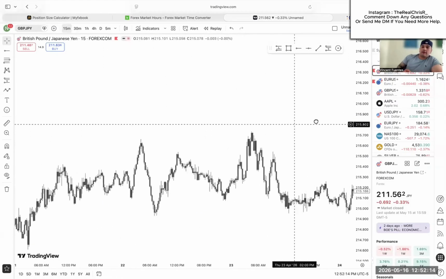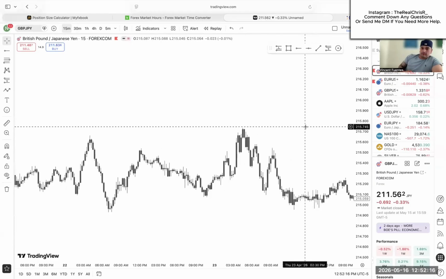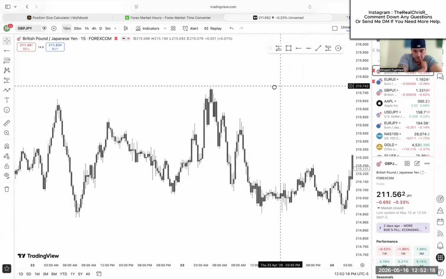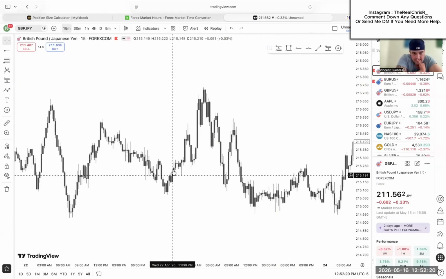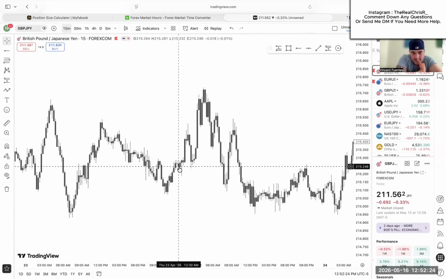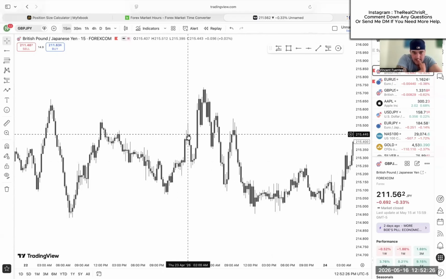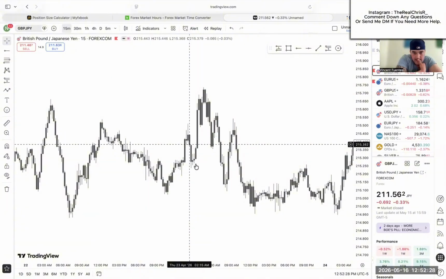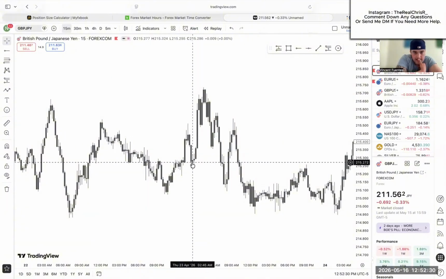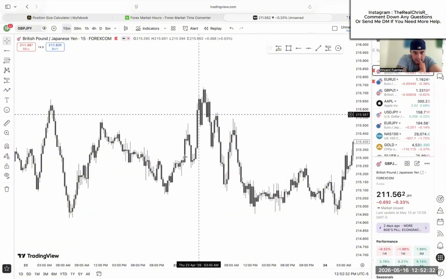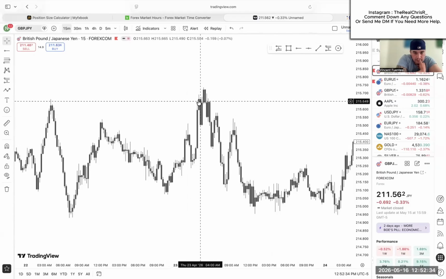Okay, I think this is an example right here. So you got your lower low, lower high, lower low, lower high, lower low, lower high. All price did was come retest right here.